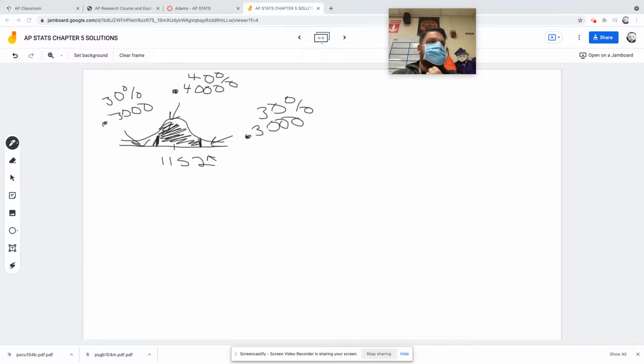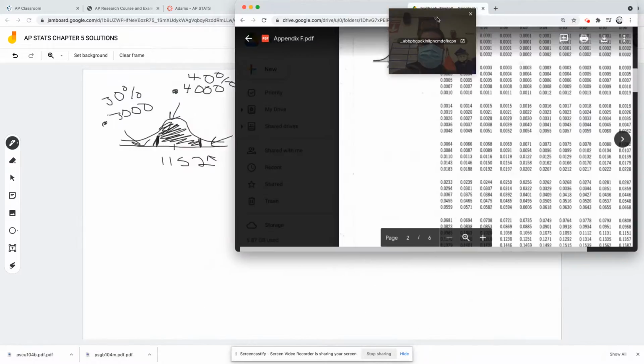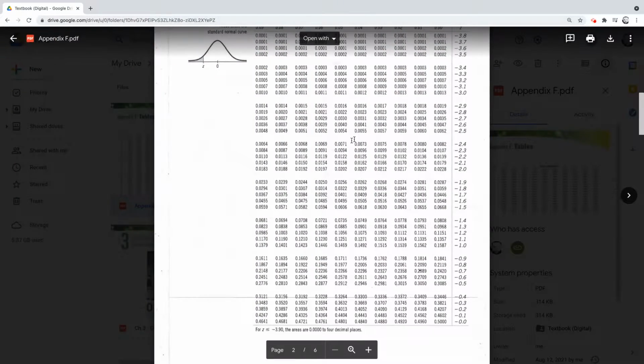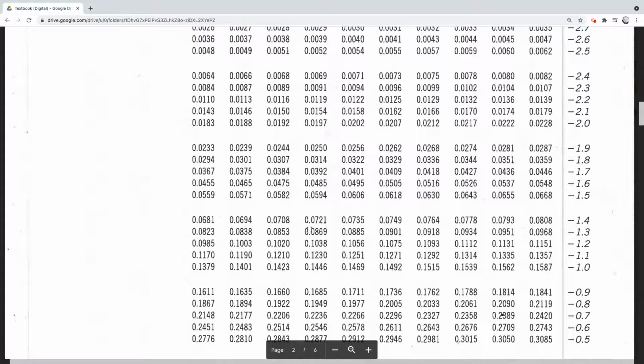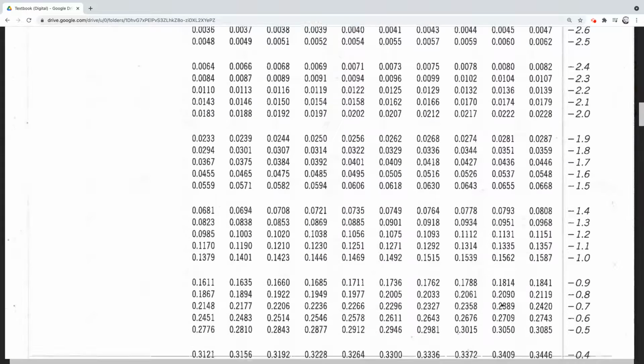there'll be one that's positive and one that's negative. So if I look on the table, 30%. Hold on, I'm looking here. I'm just going to put this in the screen so you can see it, and then we'll write down the value. So what I'm doing is I'm looking for 0.300.